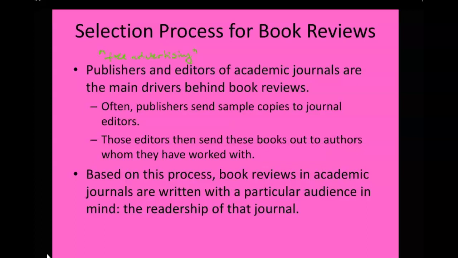Because they're very genre specific, they're very audience specific, which means that you might not have to explain too many jargony kind of terms, because the audience reading it will be familiar with the terminology. Although in general, book reviews tend to be very jargon free, because they usually address larger issues than just a very specific field, specific study that you would find in a journal article.